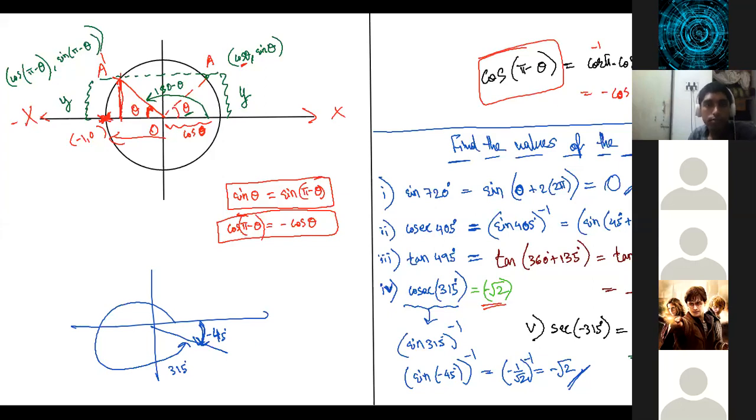Sir, we can solve it without using pi. Without using pi, yeah, I didn't use pi anywhere. So what are the other ways to solve this? Hundreds of ways. Which way do you want written?